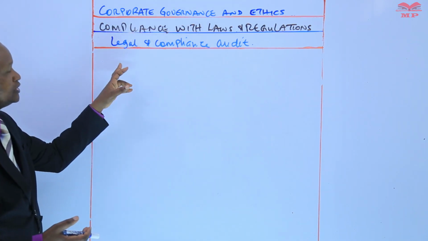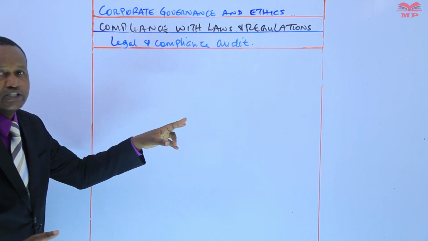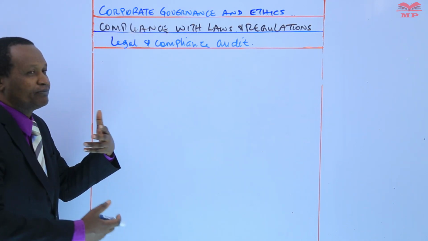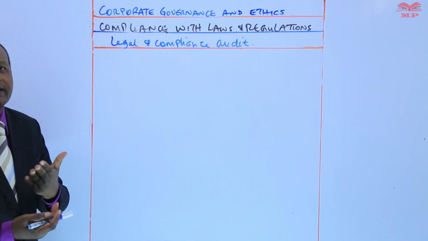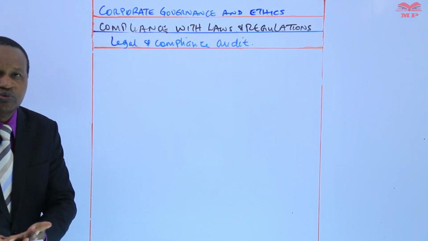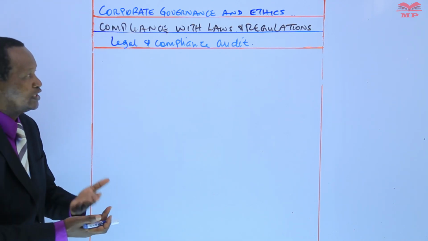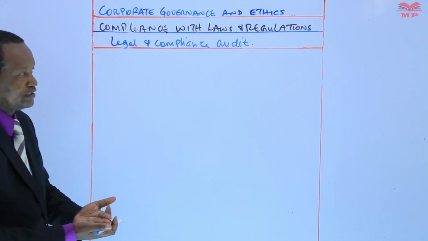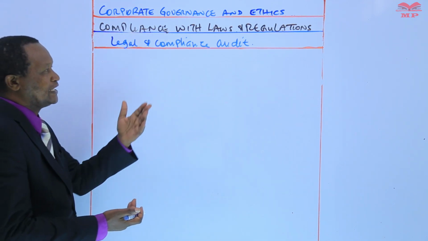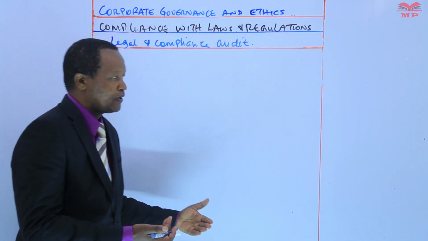So when we say legal and compliance audit, we are referring to a systematic and independent review of an organization's adherence to applicable laws, regulations, industry standards, and internal policies.